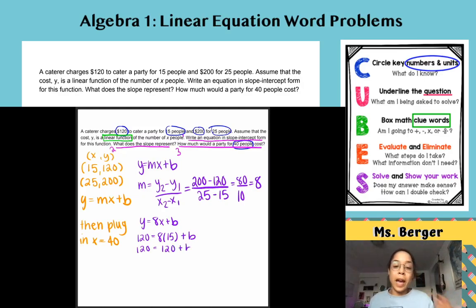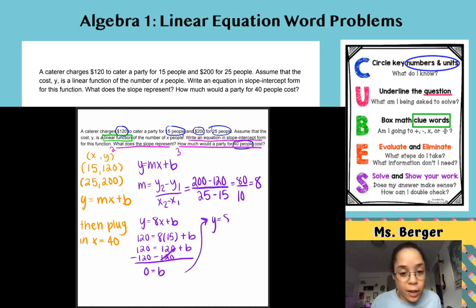Well, we take what we have of the equation so far, and then we plug in one of the points that we do know. So we're plugging in all of our knowns into the equation, and then we're just solving for b. And what we find is that b is in fact still 0. So our equation we finally know is y equals 8x plus 0, which is the same thing as y equals 8x.